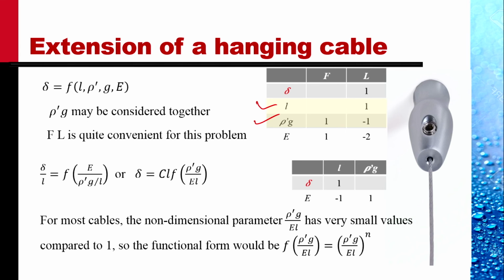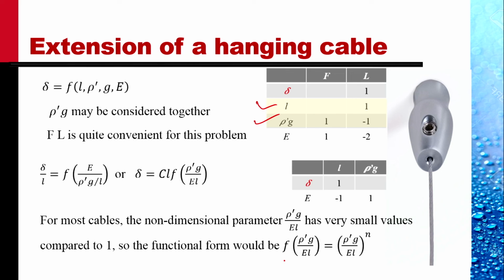L, the length of the cable, would definitely be in meters. So this parameter rho prime g divided by E L has a value of at most 10 raised to the minus 4 or 10 raised to the minus 5. A very small value compared to 1.